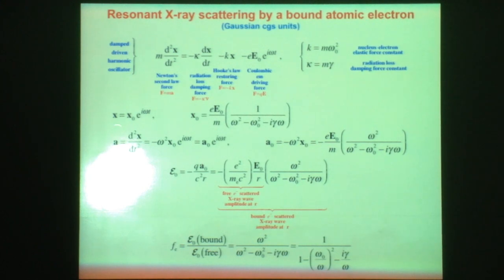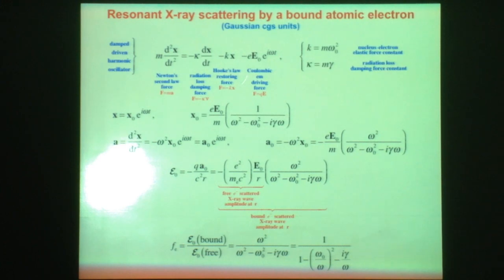When we go through the same kinds of steps as on the previous slide, we come down to realizing that x naught is e, the charge on the electron, times the electric field amplitude divided by mass, and then this expression in terms of the frequencies. What we had before was without this minus i gamma omega.